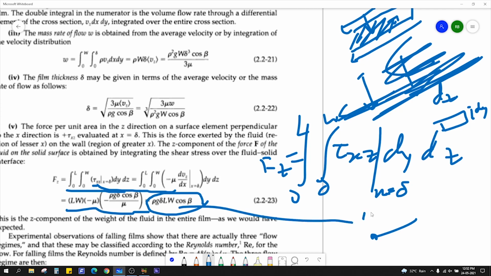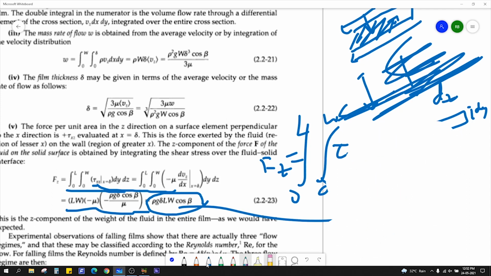You can check the dimensions of this, and you'll get force only.